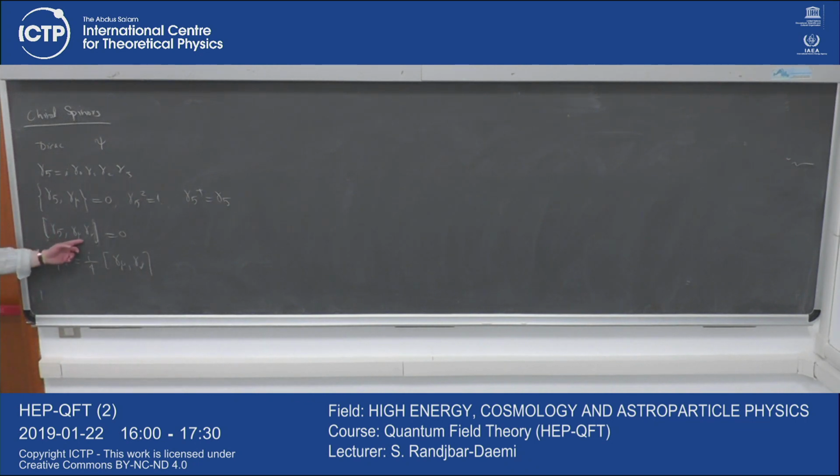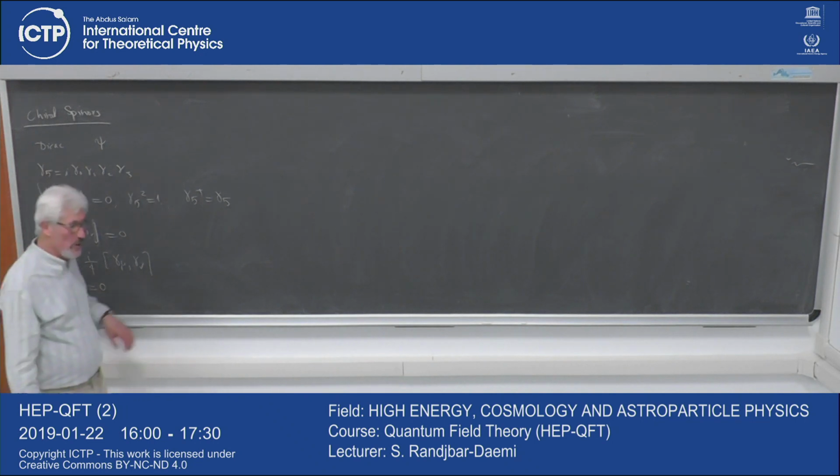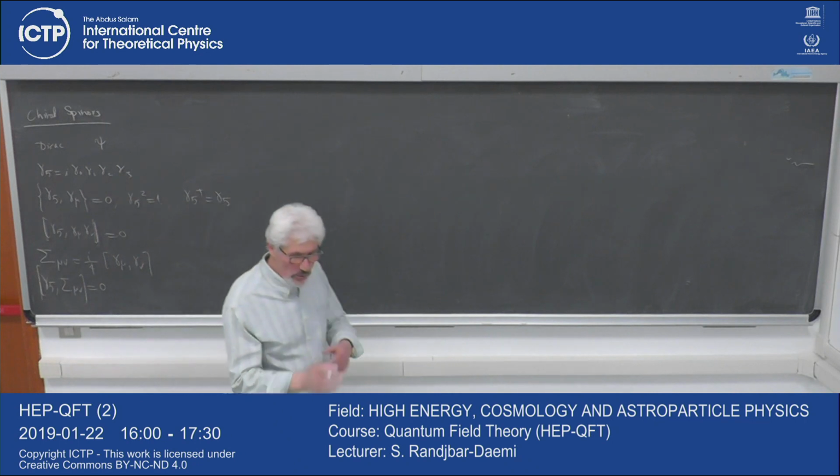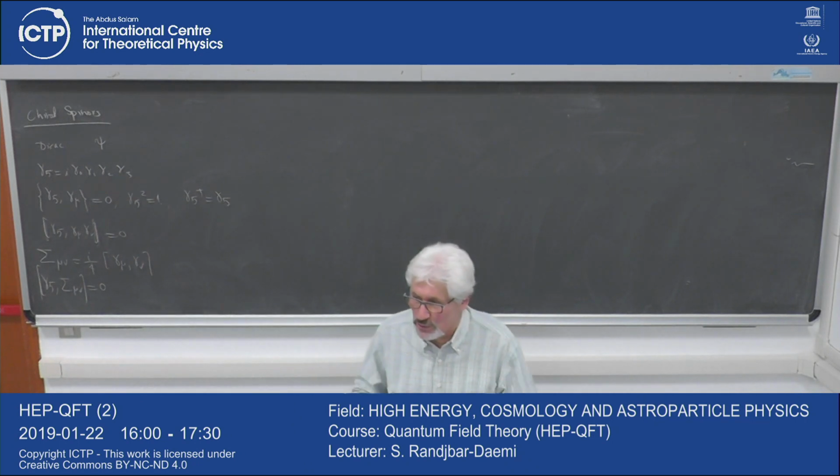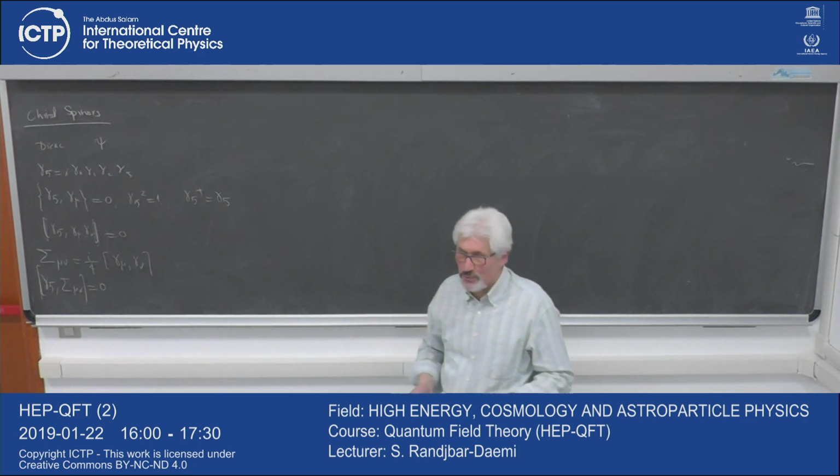Since gamma 5 commutes with the product of 2 gammas, therefore gamma 5 will commute with the generators of the Lorentz transformations in the spinor representation. You know that if you find a matrix which commutes with the generators of the group, you can use it to reduce the representation into smaller pieces.